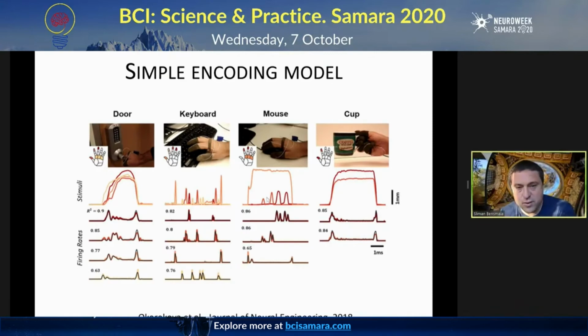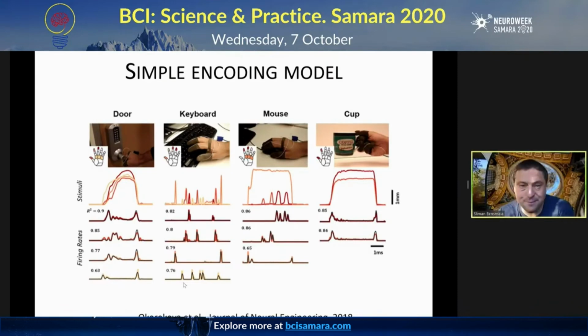You can see the force traces in these colored traces up here, and the black is the full model. How well can you predict the nerve responses using the full model? And the colored traces show how well you can approximate that full response at the population level using the simple model. And you can see it's very, very well.